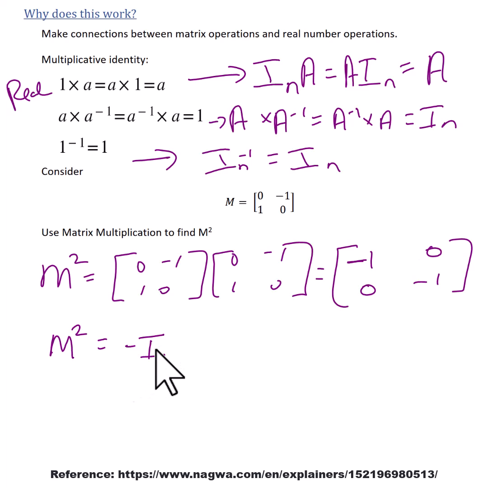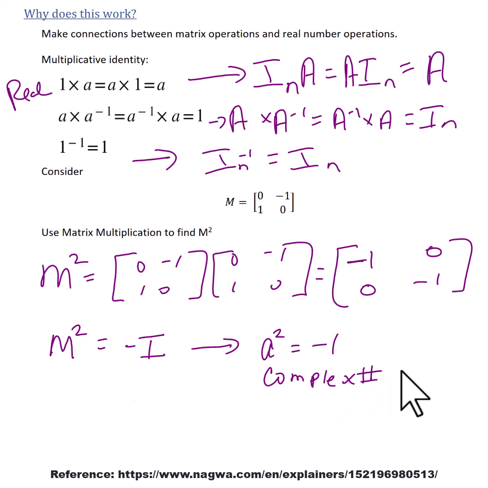Thinking about the parallels between this and our real numbers, we know that we don't have a real number that equals the negative identity matrix. In other words, taking this parallel back to the real number space, we would have that a squared equals negative 1. No such real number exists, but we do know that we have a complex number that exists like this.